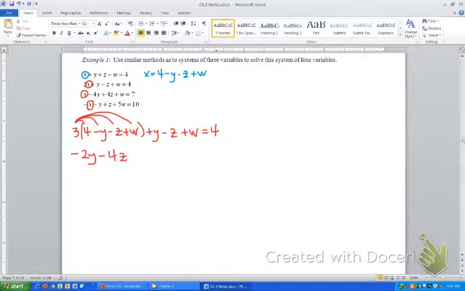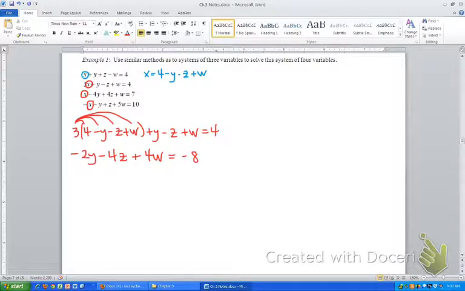All right? And then for my w's, positive 3w plus w will be plus 4w equals, and then I'm going to have 3 times 4 is 12, and I'm going to be subtracting 12 from 4, which will leave me with negative 8. So there's one of my equations.